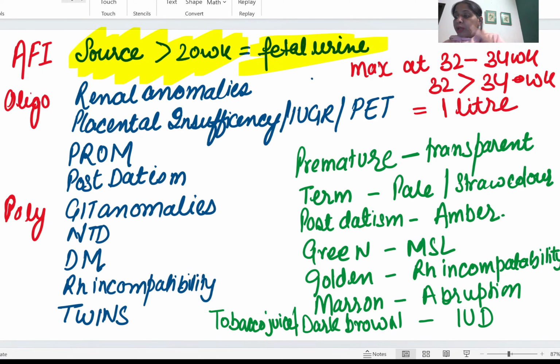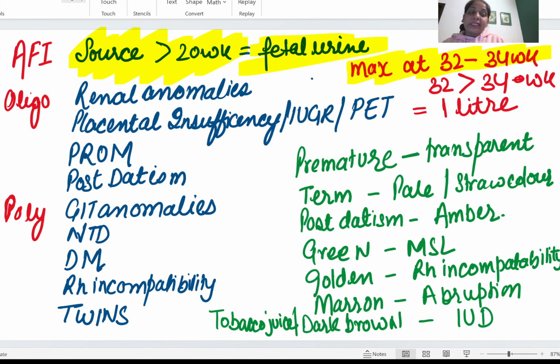Okay, amniotic fluid is nothing but fetal urine. As the pregnancy advances, amniotic fluid increases in amount, and at 32 to 34 weeks it is maximum.